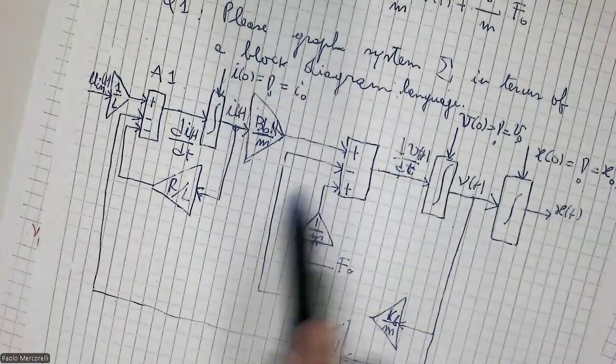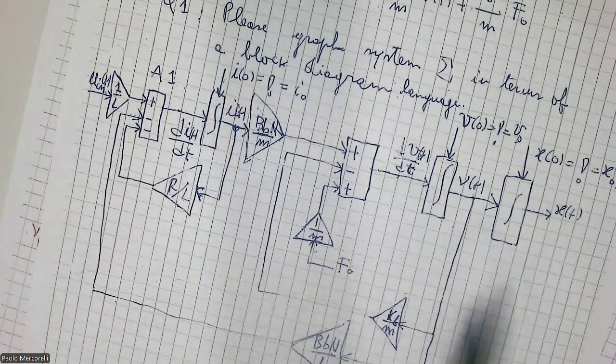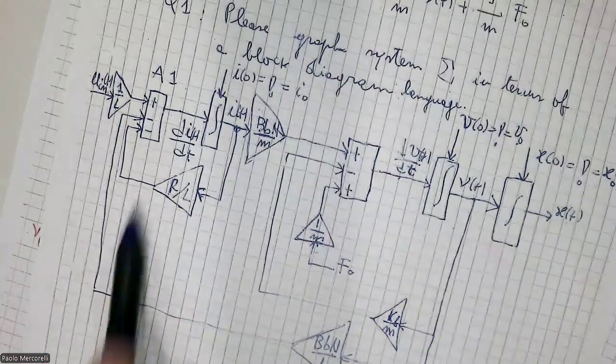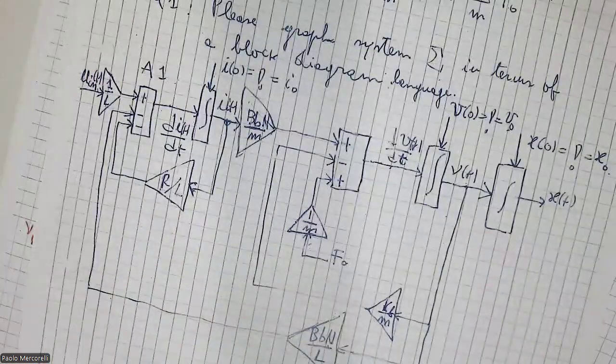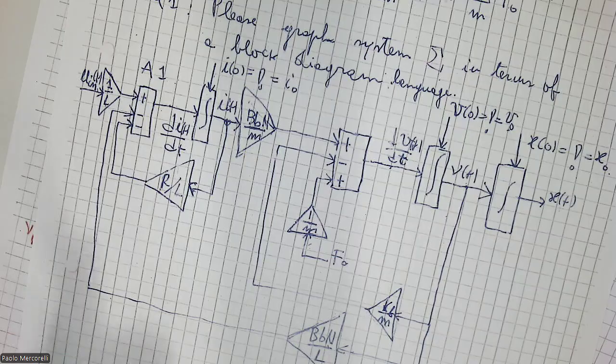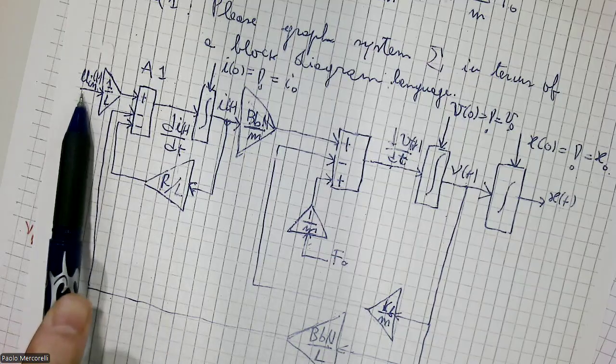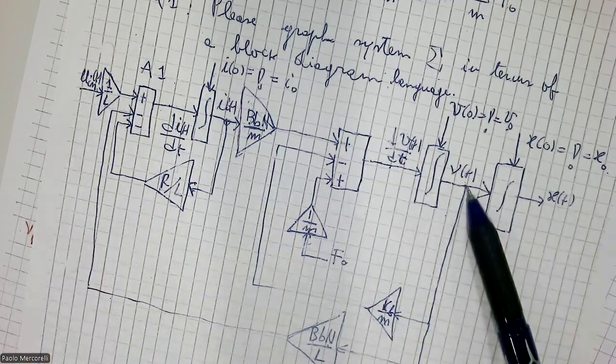Because here we have losses. Here we have an input. Here we have a feedback. But the current is not zero because we have an input in terms of voltage.